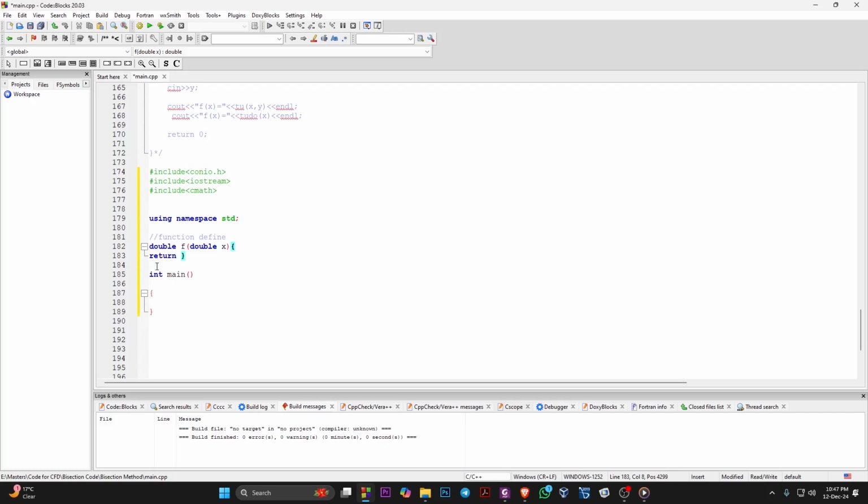So I am not using void, I am using return, that would return the value in our main function. Okay, so my problem was x square minus 2x minus 3.